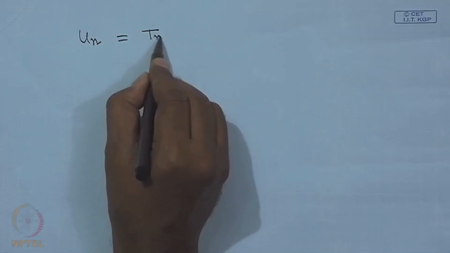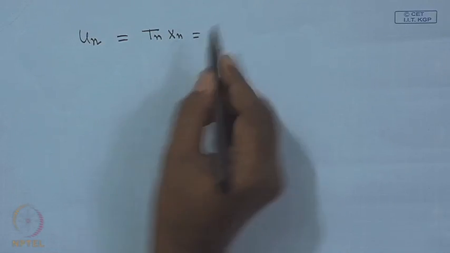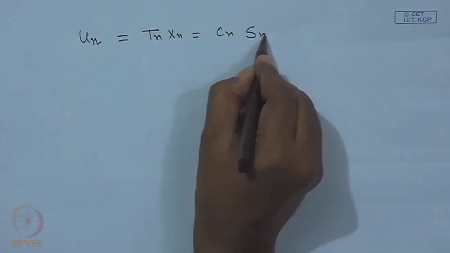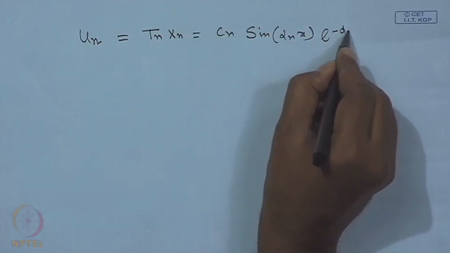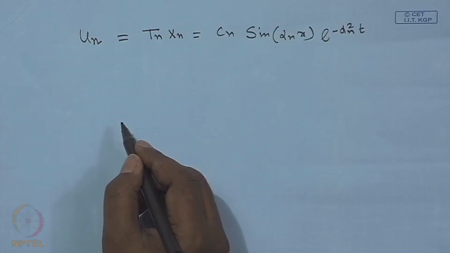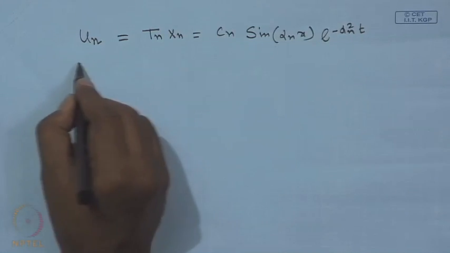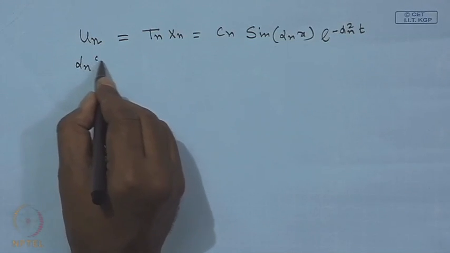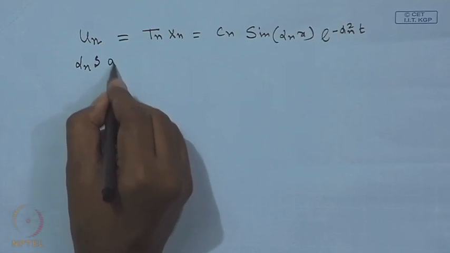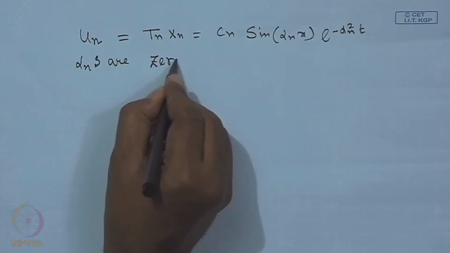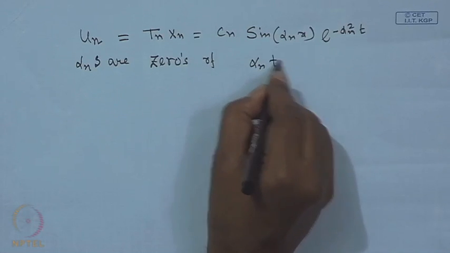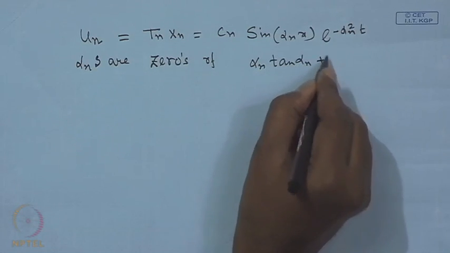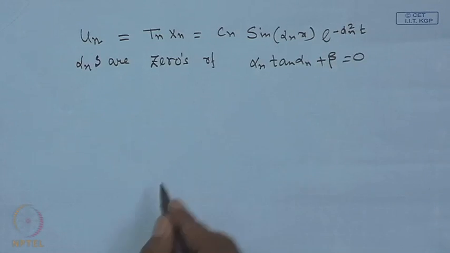So, this becomes T n times X n is equal to C n sin alpha n x e to the power minus alpha n square t. And if you remember, the alpha n's are the roots or zeros of the transcendental equation alpha n tan alpha n plus beta is equal to 0. Now, in this class we will complete this problem.